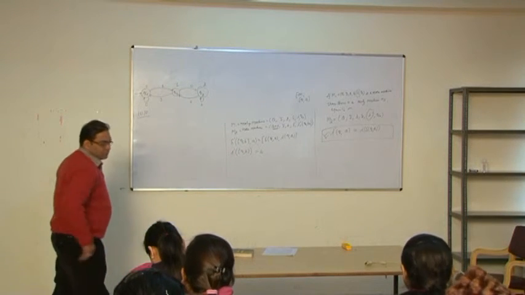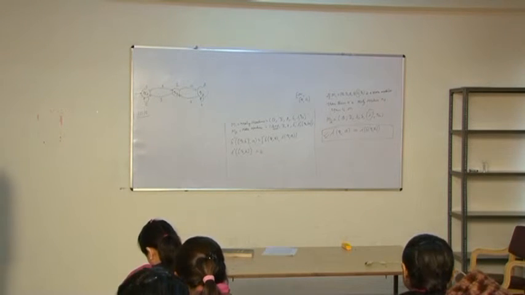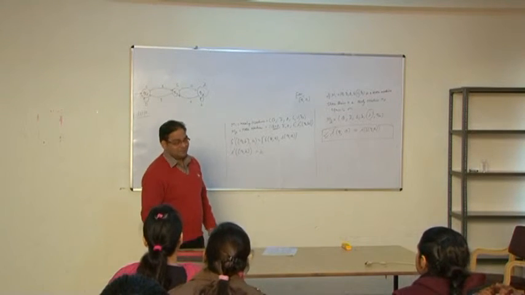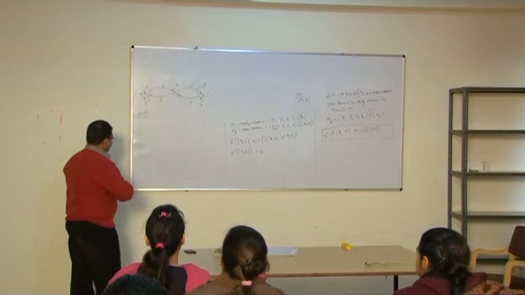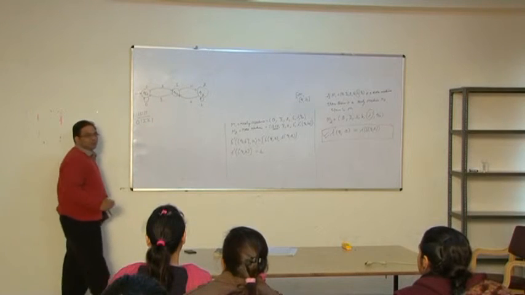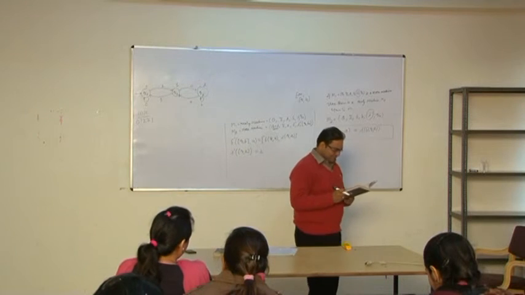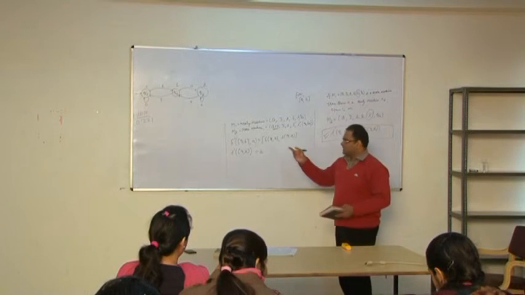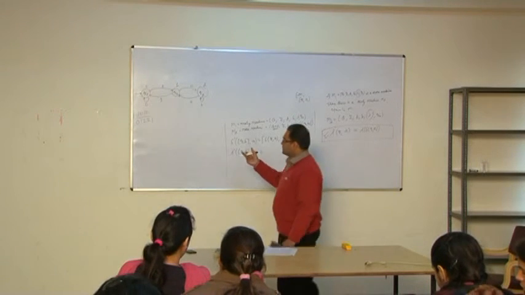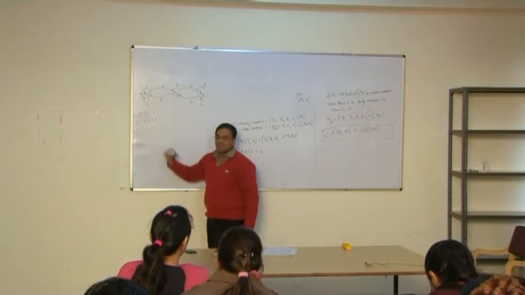What is the output corresponding to this string? Output 1, 0, 1, 0, 1. This is the output. So is its length greater than the input string? One more, because we are giving the output as we start with the state, right? So that's why the length is more.